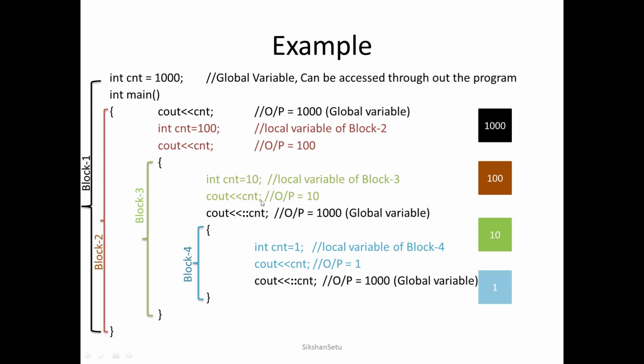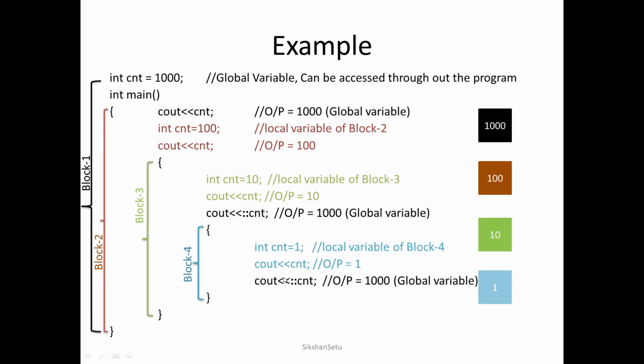Again, I am creating another block. In that, another CNT is being created which is local to block number 4. If I only write CNT, that will print block number 4's CNT on the screen, which means it will print 1. But again, if I write scope resolution CNT, it directly refers to this global variable and 1000 will be printed on the screen.